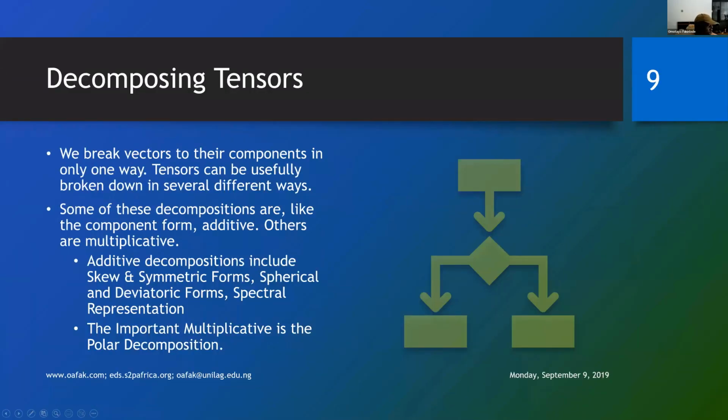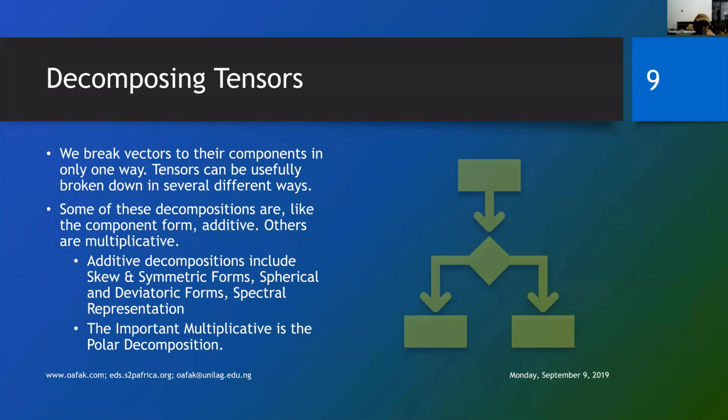The next thing we'll do before we go on break, let us talk about decomposing tensors. Remember that we decompose vectors every time. You decompose vectors into their I, J, and K components. You have a single vector and you make 3 vectors out of it. Why do you do that?